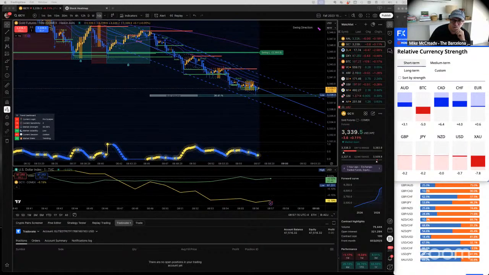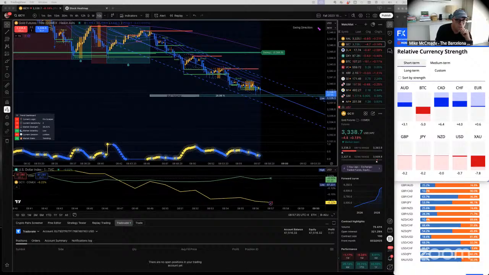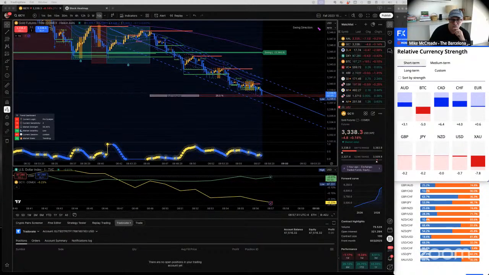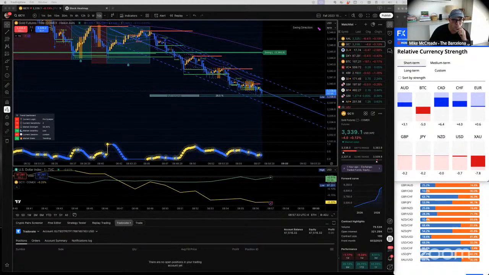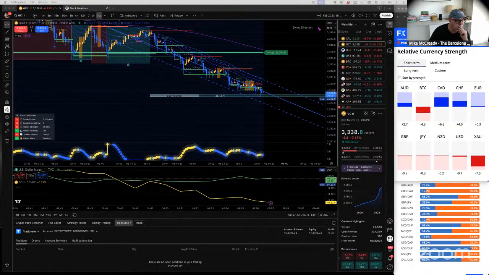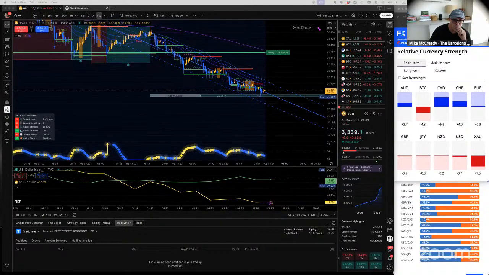Not decisive enough. I think it's coming, but it's not doing it yet. We also don't want to just jump on it as soon as it shows some momentum through.